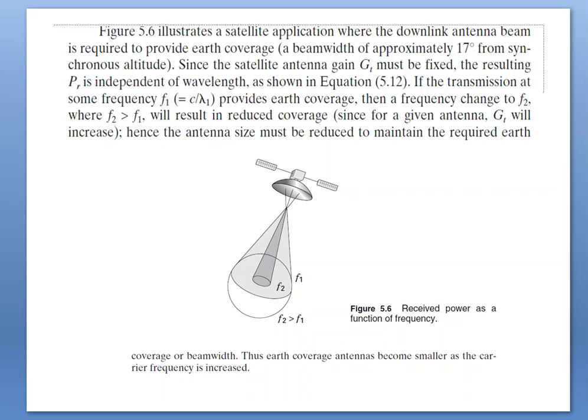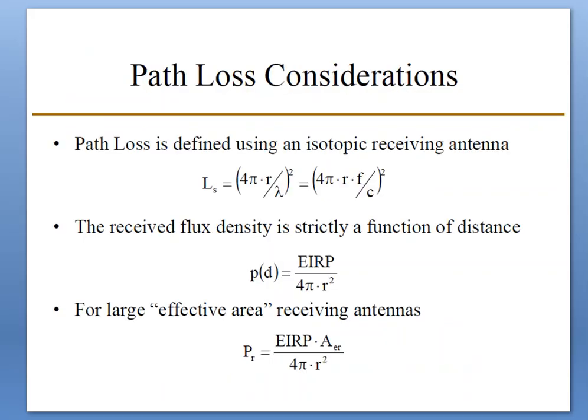If the transmission at some frequency F1 provides earth coverage, a frequency change to F2, where F2 is greater than F1, will result in reduced coverage. Hence, antenna size must be reduced to maintain the required earth coverage. This earth coverage antenna becomes smaller as the carrier frequency increases.